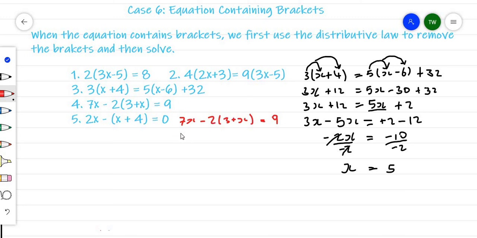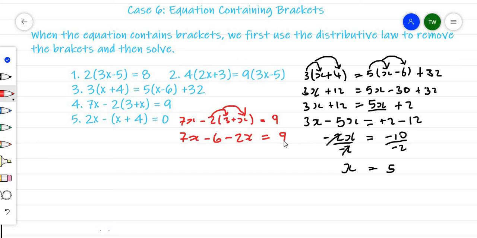So I'm going to keep my 7x. I'm going to take this negative 2 to multiply each term inside of the bracket. So negative 2 times positive 3, that's going to give me negative 6. Negative 2 times positive x, that's going to give me minus 2x. Which is going to equal to 9.